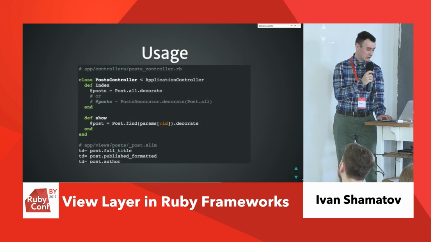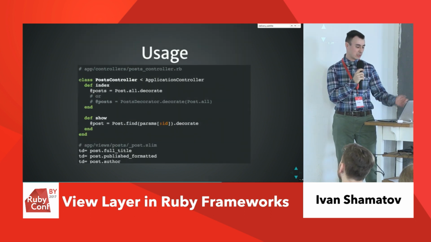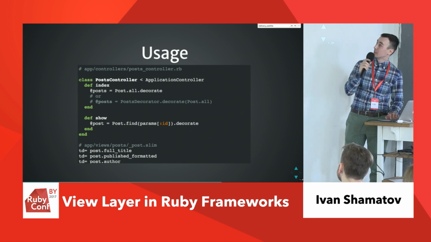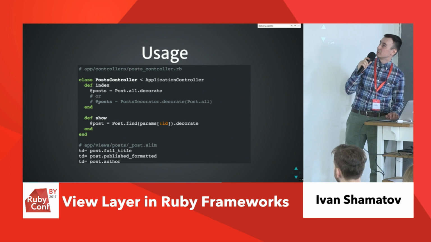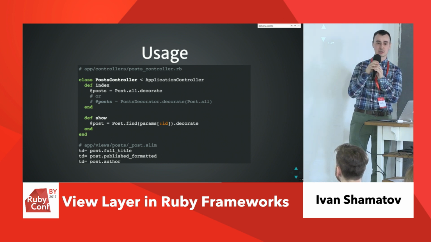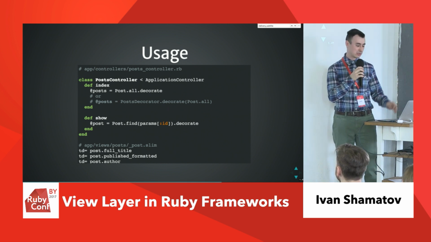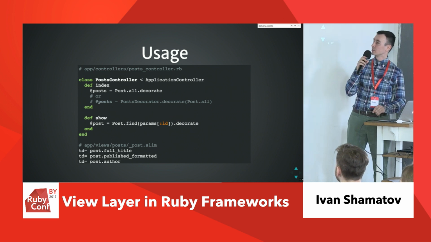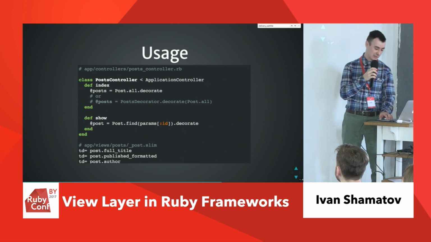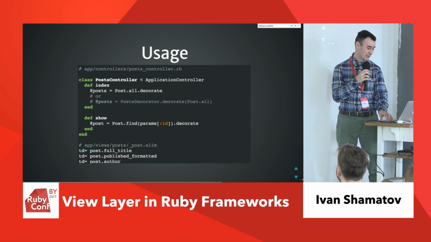Yeah, but if you use Draper as it says in the documentation, you have some easily accessed methods for collections and for objects themselves. You just call decorate, and that's all, and you can use all these helper methods, which are in your presenter actually.